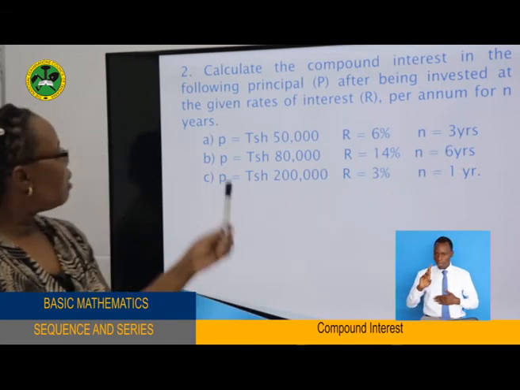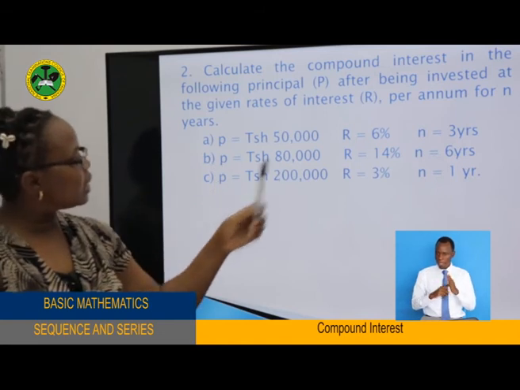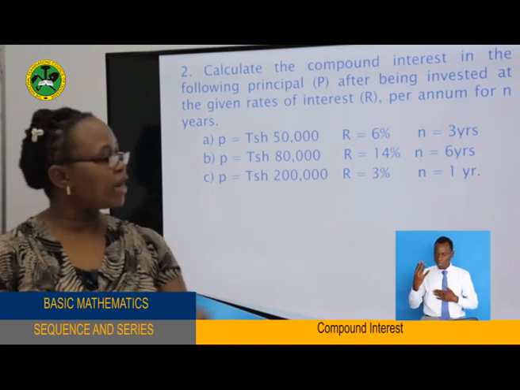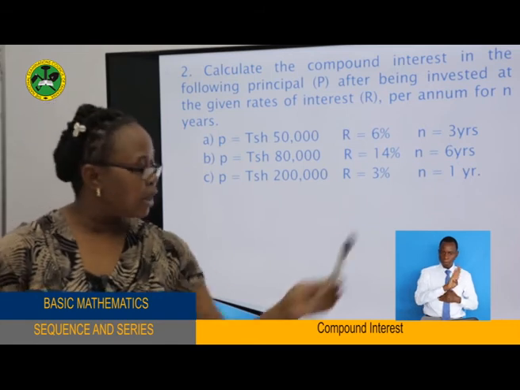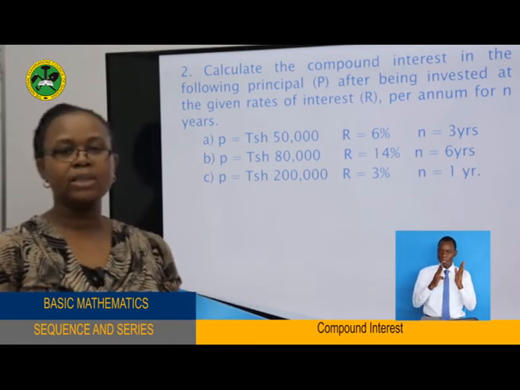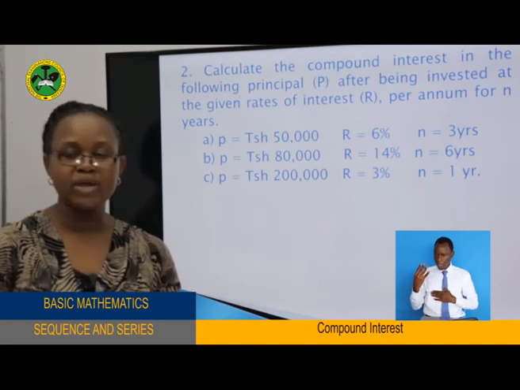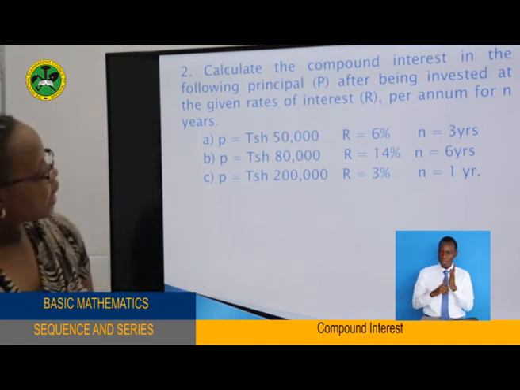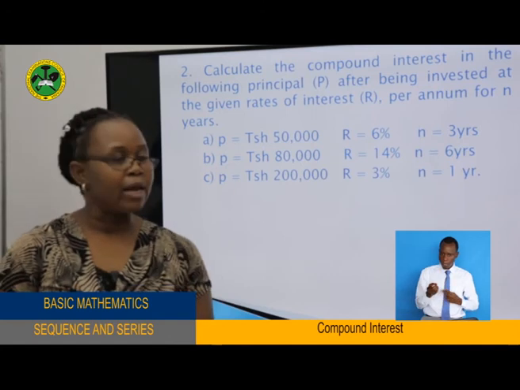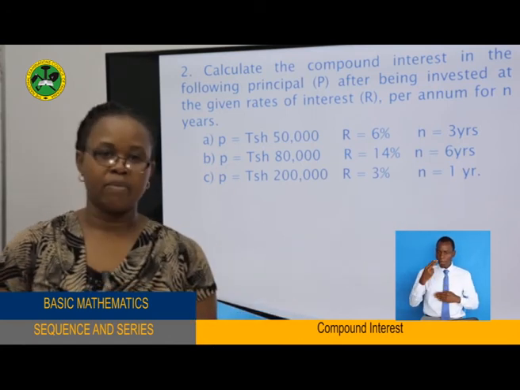Part B: principal is 8,000 shillings, rate 14%, 6 years. Part C: principal is 200,000 shillings, rate 3%, 1 year.